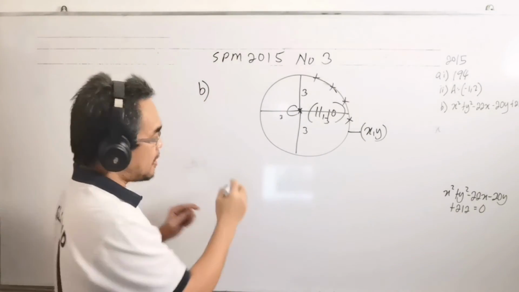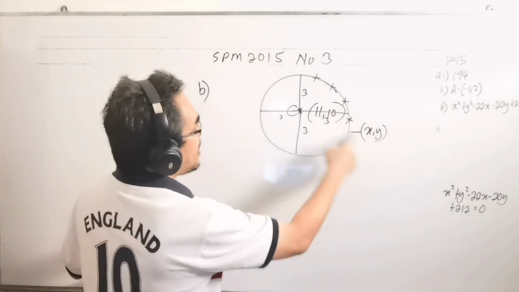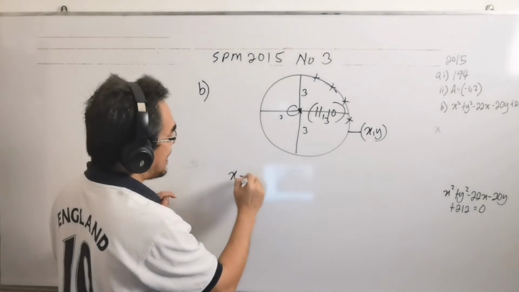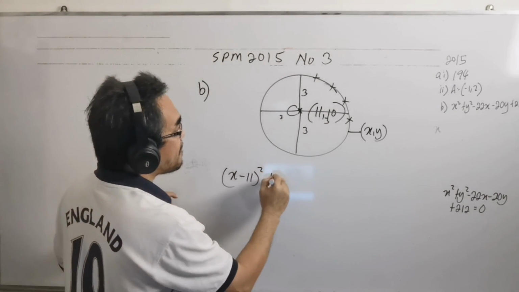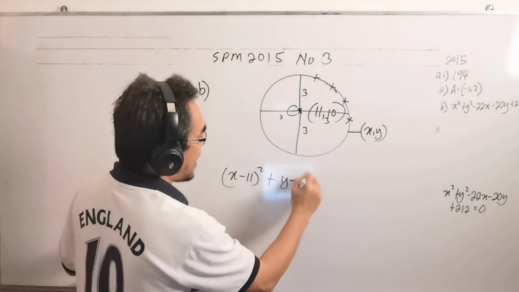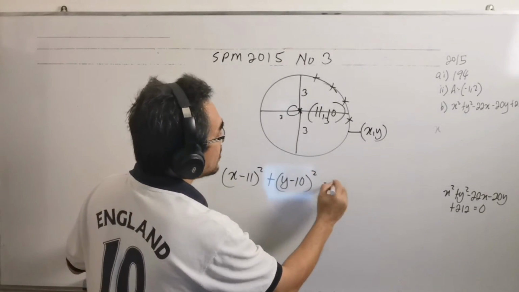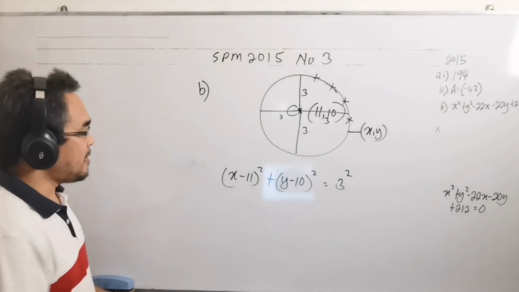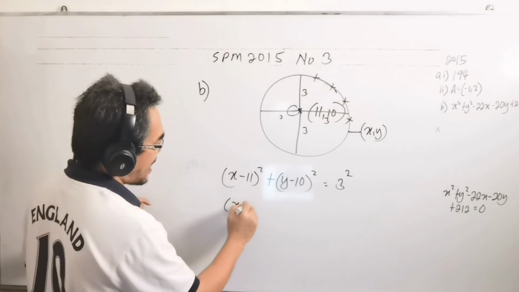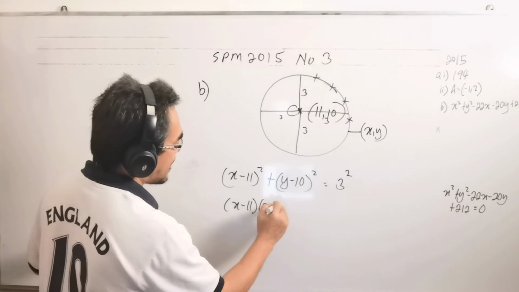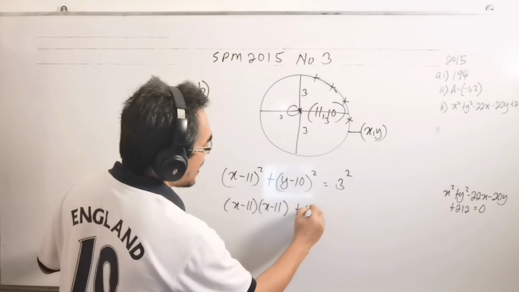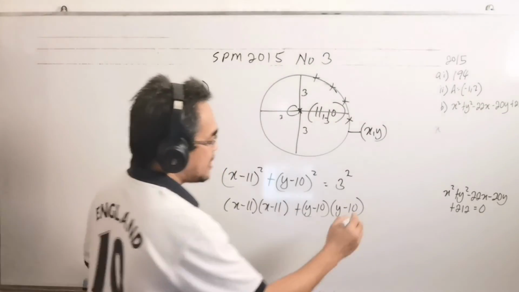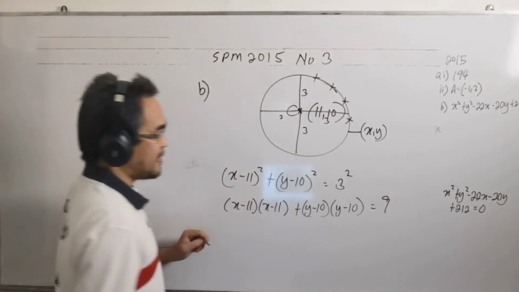So you say this is x1 and coordinate C is x2. So we have to say x minus 11 squared plus y minus 10 squared equals to 3 squared. And then you expand the bracket. x minus 11 times x minus 11 plus y minus 10 times y minus 10 equals to 9.